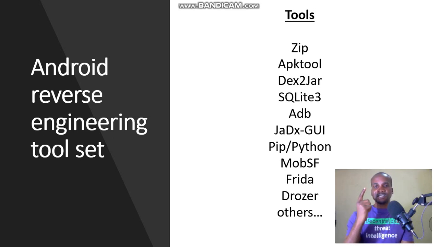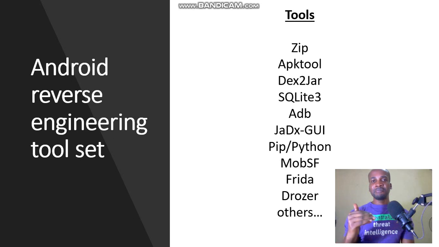Now, JADX GUI is a graphical user interface tool that we're going to need in reading .java files, and we can also use that to drill down to different subfolders of our .java files.